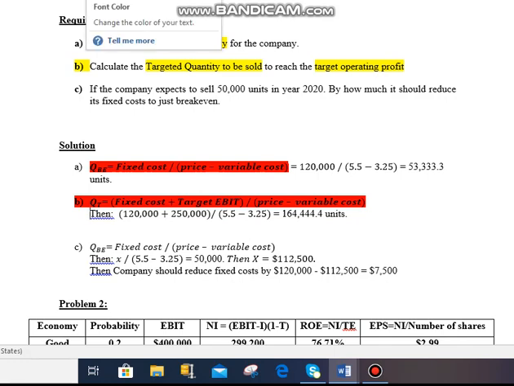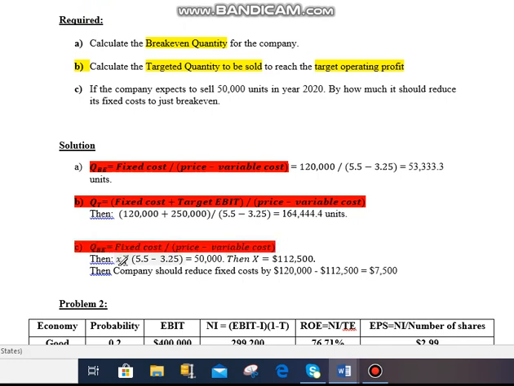And in part C, he's telling us that if the company expects to sell 50 units in year 2020, by how much it should reduce its fixed costs to just break even. So we will go back to the formula that we used in part A, which is the quantity of break-even. So it's equal to fixed cost over the price per unit minus the variable cost per unit.